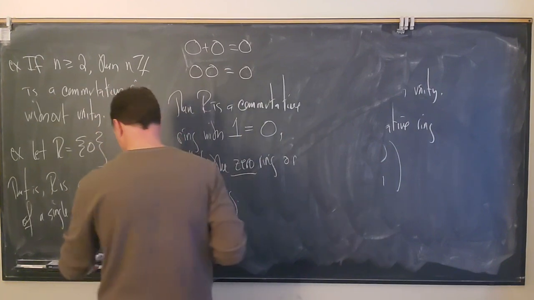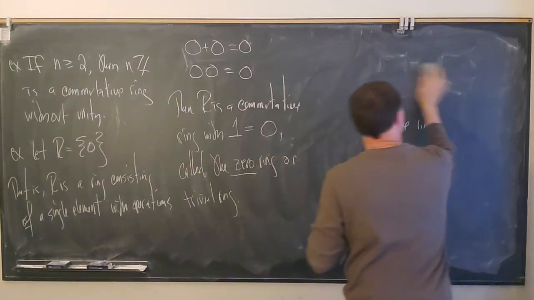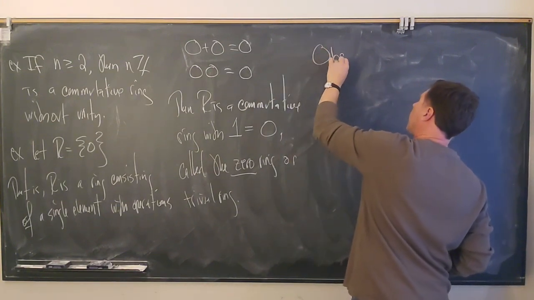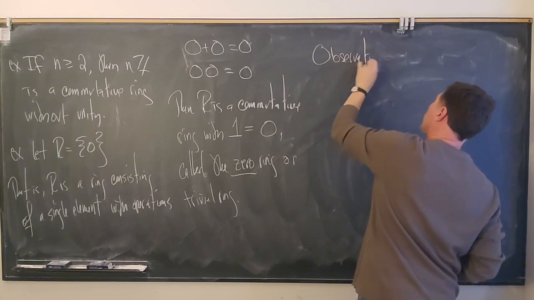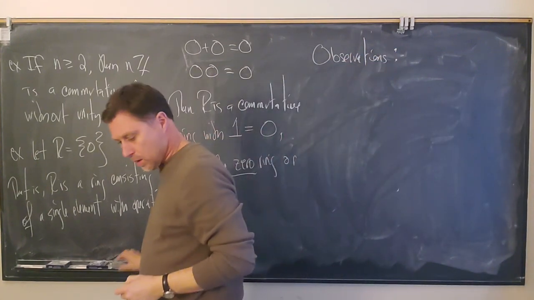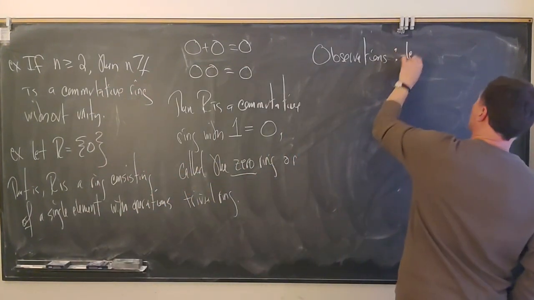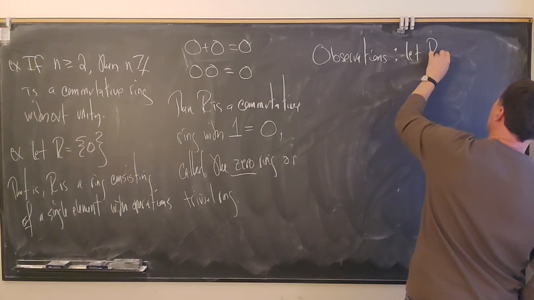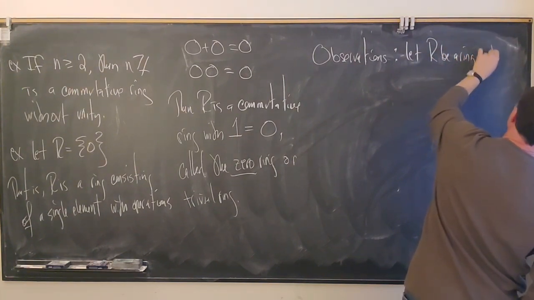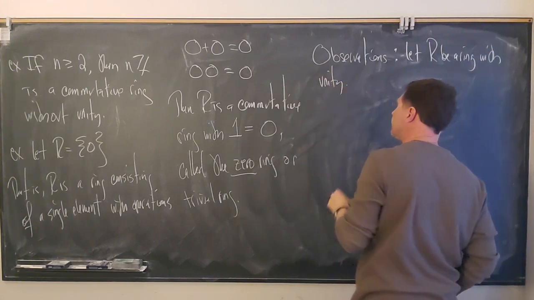Now, I'll make a couple of observations. The first one, let's start off with a ring with unity. So let R be a ring with unity.